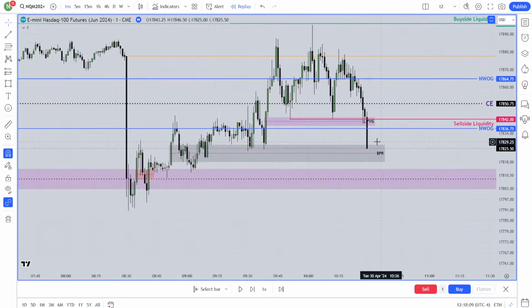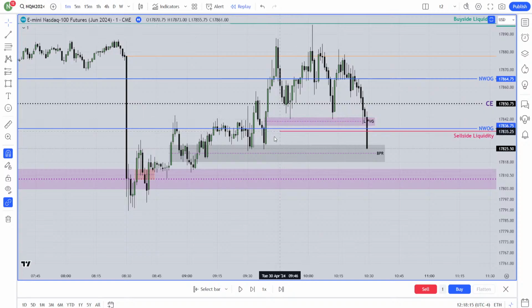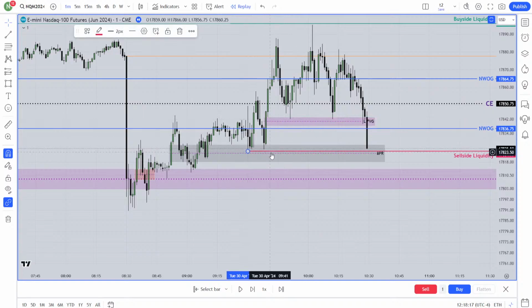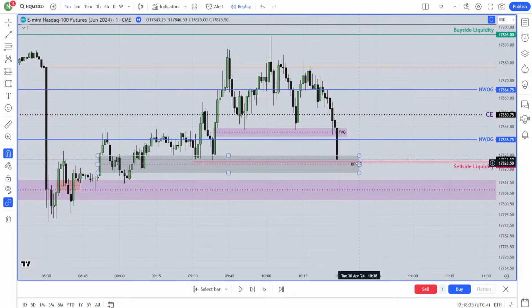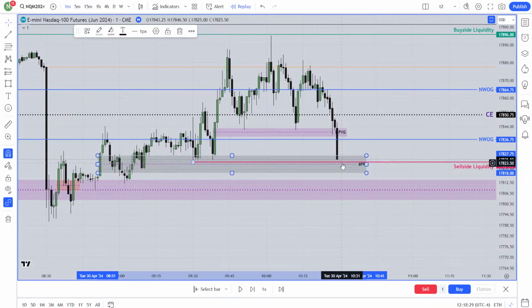What should be your expectation? If market really would love to go higher, now market has taken this sell side liquidity. Also, it is very near to that sell side liquidity. Okay, this relatively equal lows is your sell side liquidity. Now, if market would love to go higher, it should reverse from this BPR high or the consequent encroachment.